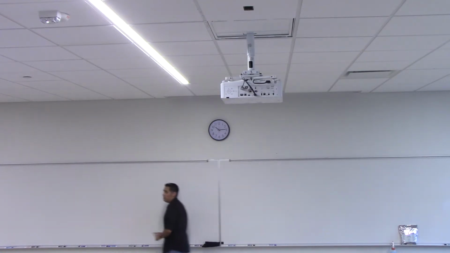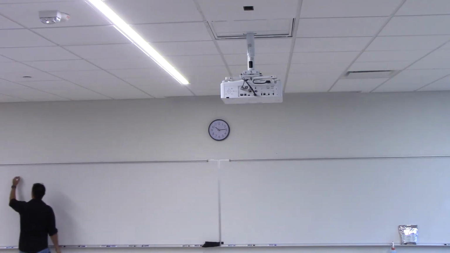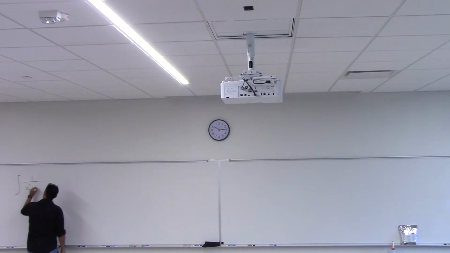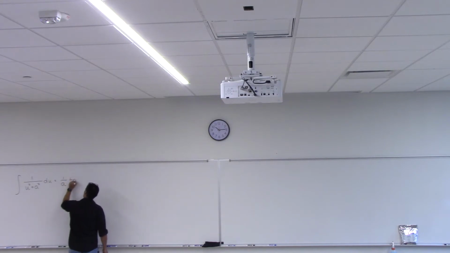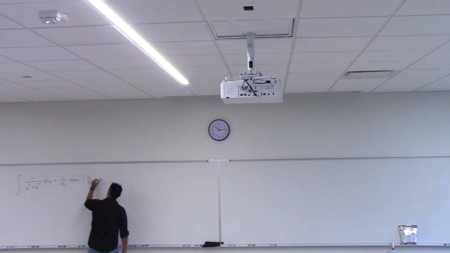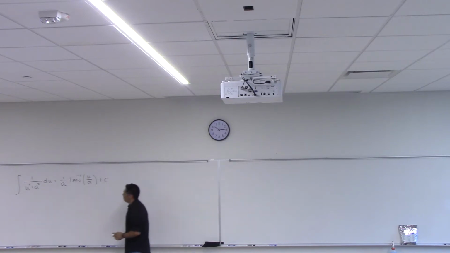So I'm about to verify formula 17. It says that the antiderivative of 1 over u squared plus a squared du is equal to 1 over a arctangent of u over a plus c. That's the formula.